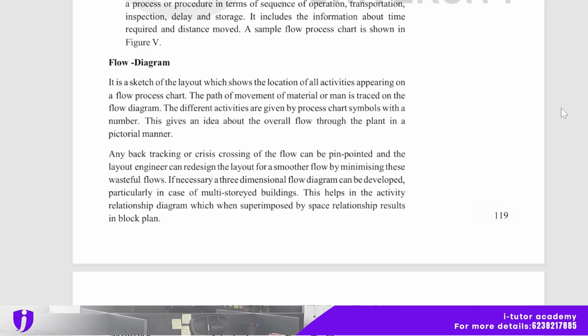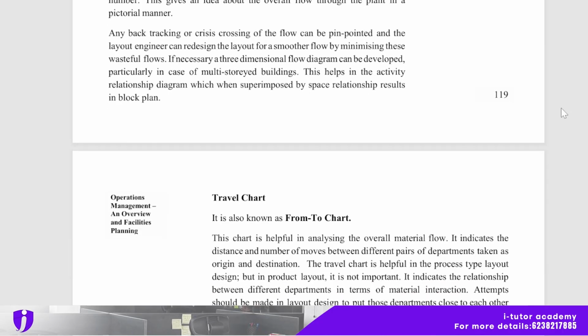The path of movement of material or man is traced on a flow diagram, and the different activities are given by process chart symbols with a number. This gives an idea about the overall flow through the plant in a pictorial manner. And any backtracking or crisscrossing of the flow can be pinpointed, and the layout engineer can redesign the layout for a smoother flow by minimizing these wasteful flows.